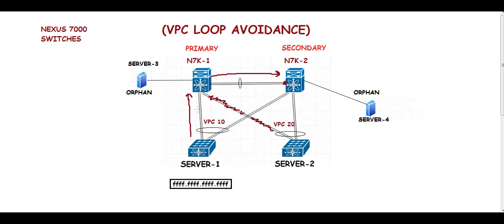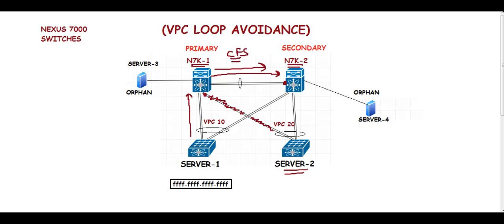Now if any packet comes to N7K1 to reach server 2, N7K1 doesn't have any other path but to send the traffic to N7K2 over the peer link, right? N7K1 and N7K2 are also exchanging the VPC member port status over the peer link using the Cisco Fabric Services protocol.